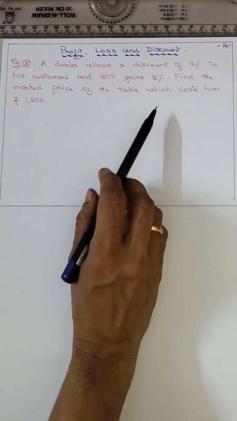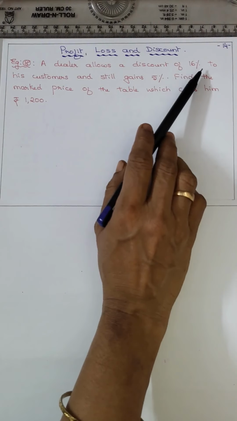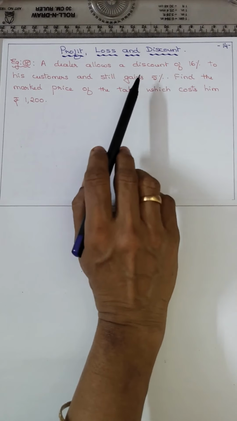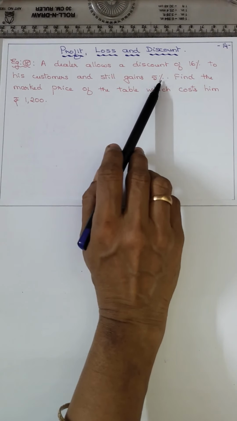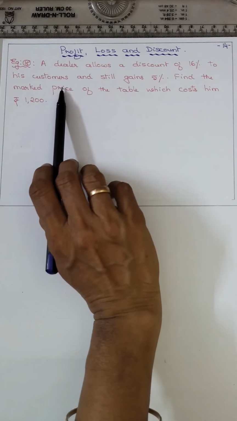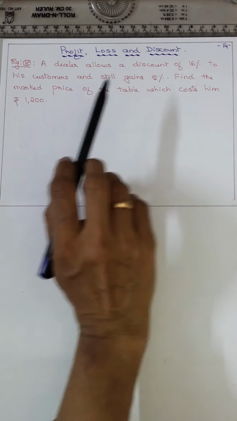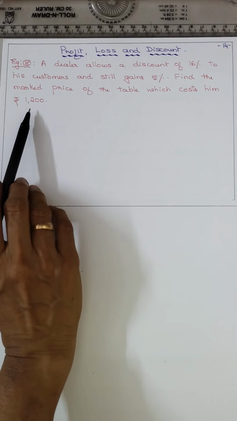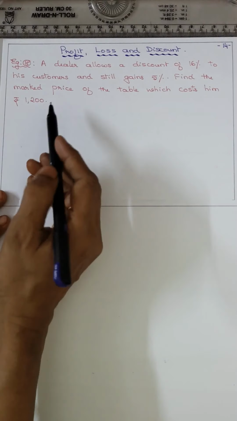So what all have they given? The discount percent is 16%, gains 5%, means the profit percent is 5%. They have asked you to find the marked price of the table which costs him 1200, means the cost price of the table is given.